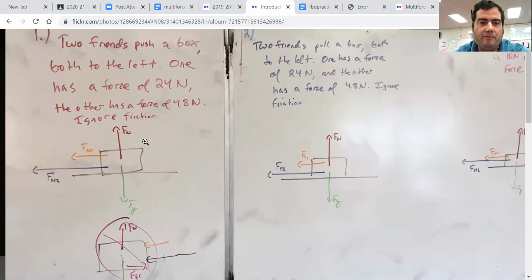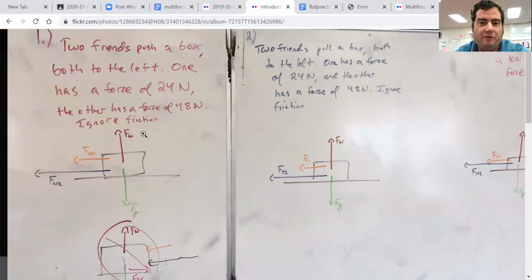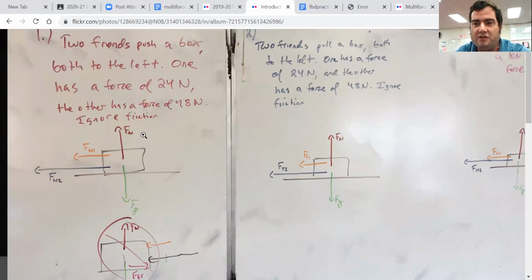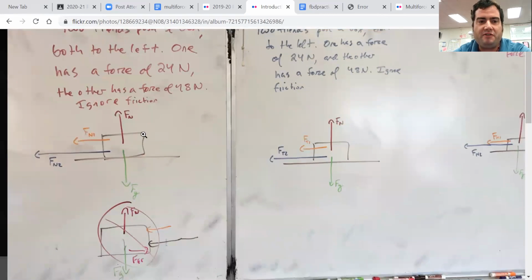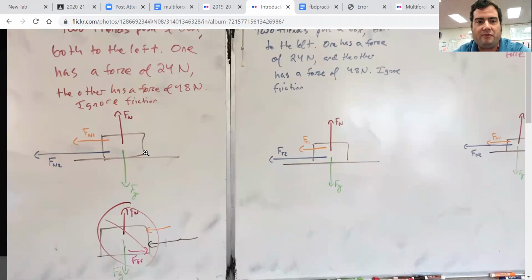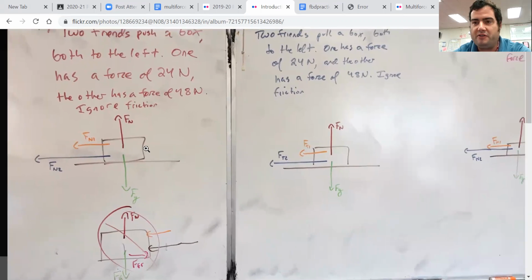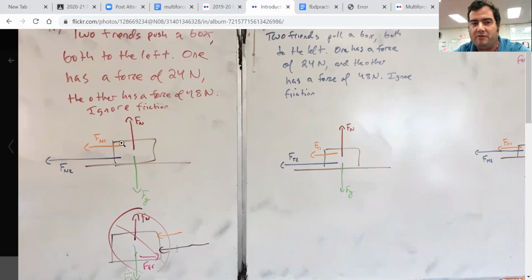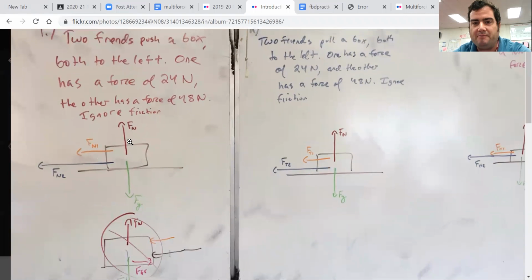Notice that the up-down forces in this case just cancel each other out. In this whole unit, we may have up-down forces or y-axis forces. We may have left-right forces or x-axis forces. One of those two dimensions will always cancel out in this first unit. So we're only really going to be solving problems either left-right or up-down.